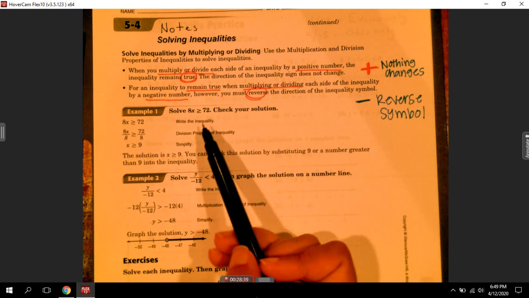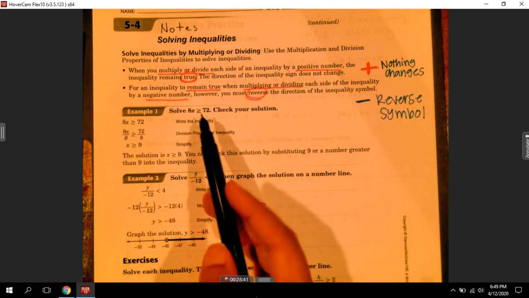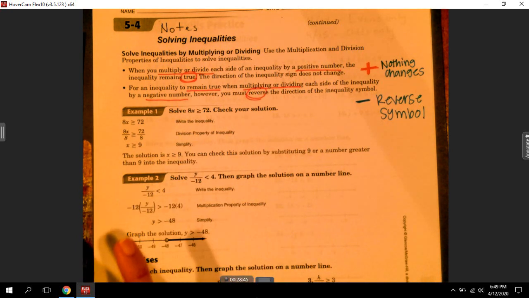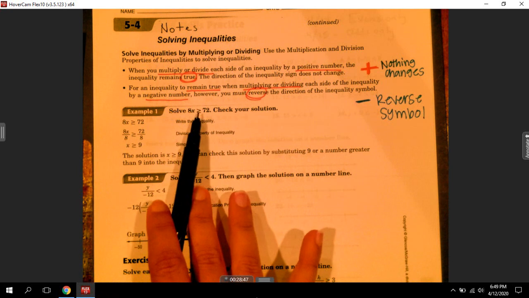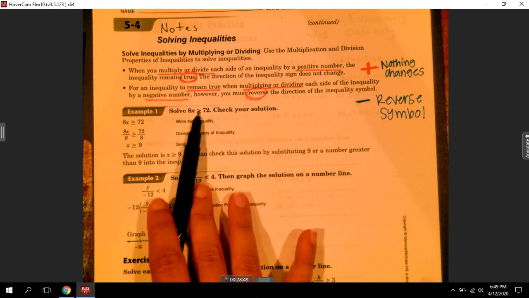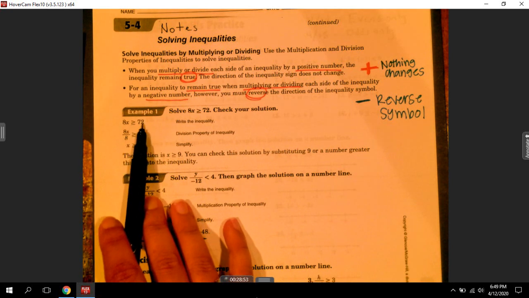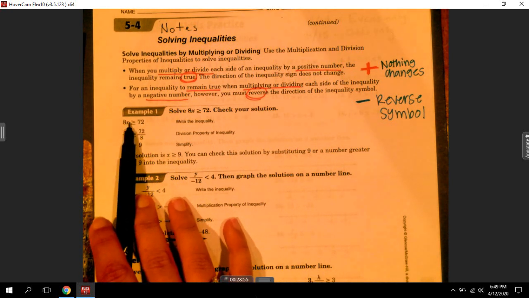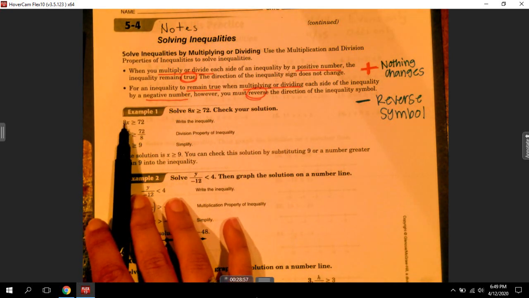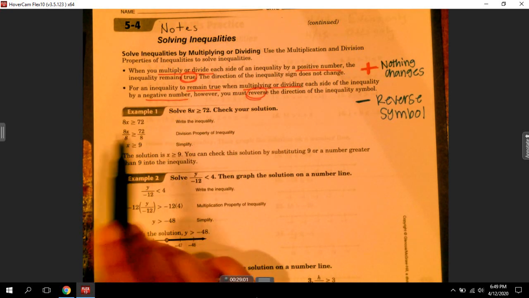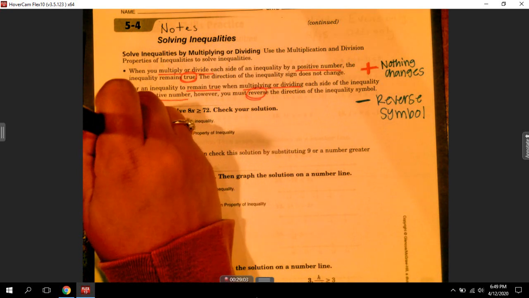Okay. So let's look at an example. We've got 8x is greater than or equal to 72. So still just act like this is a one-step equation. If this was an equal sign right here, you know exactly what to do. In order to solve for x, you're doing the opposite. This actually means 8 times x, so the opposite is to divide.